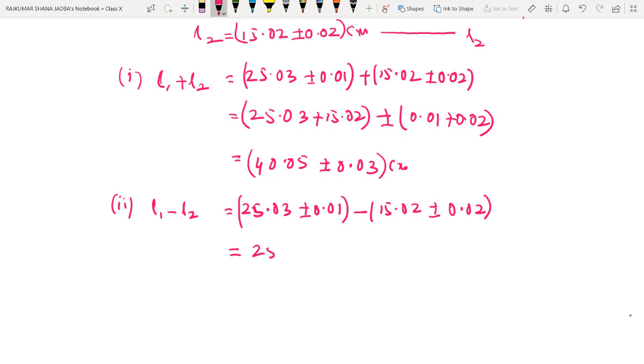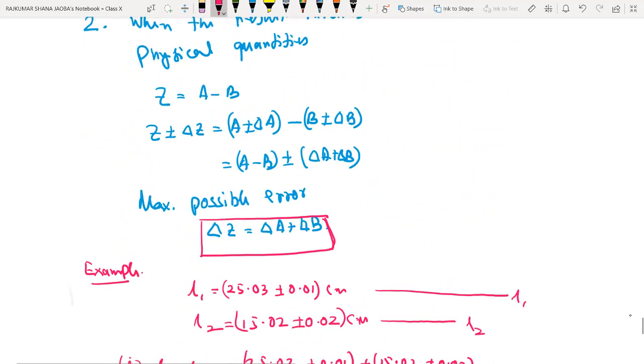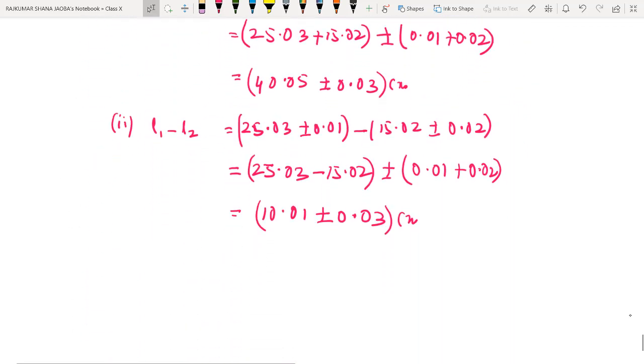So this is 25.03 minus 15.02 plus minus 0.01 plus 0.02. So this is 10.01 plus minus 0.03.